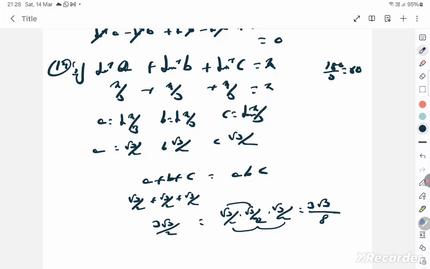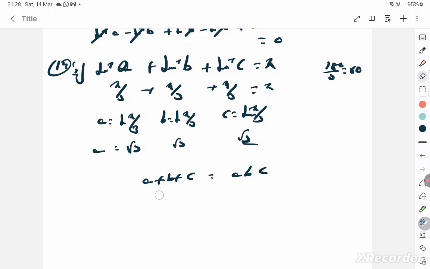How does this work? It's A plus B plus C is ABC. Sorry, tan 60 is just root 3. Root 3, root 3, root 3. So then therefore it's root 3 plus root 3 plus root 3 is 3 root 3. And root 3 into root 3 into root 3 is also 3 root 3.